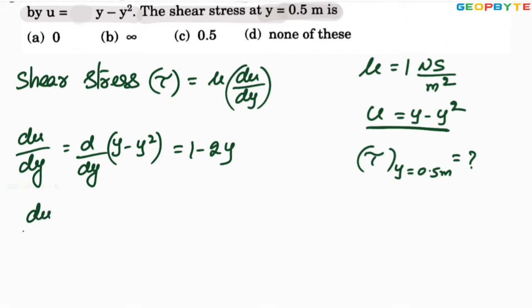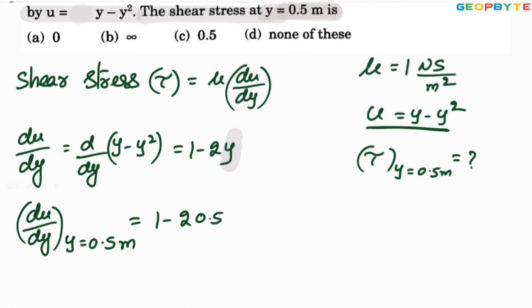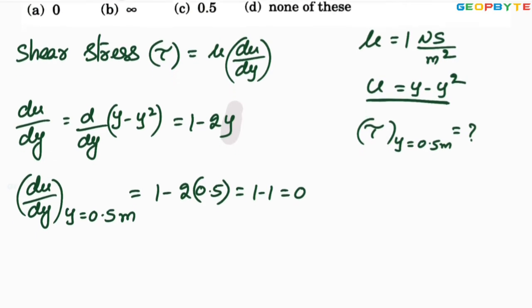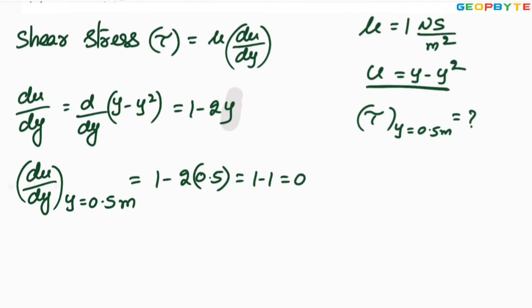Now du by dy at y equal to 0.5 meter equal to 1 minus 2, in place of this y you put the 0.5. It is equal to 1 minus 2 into 0.5, 1 minus 1 equal to 0. Therefore velocity gradient at y equal to 0.5 meter is 0.